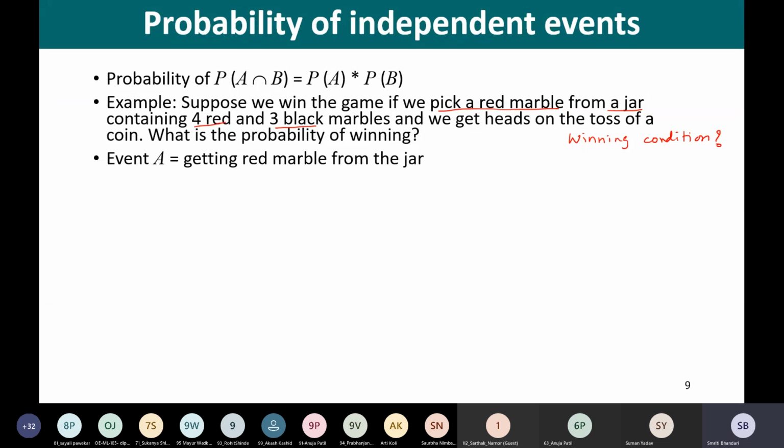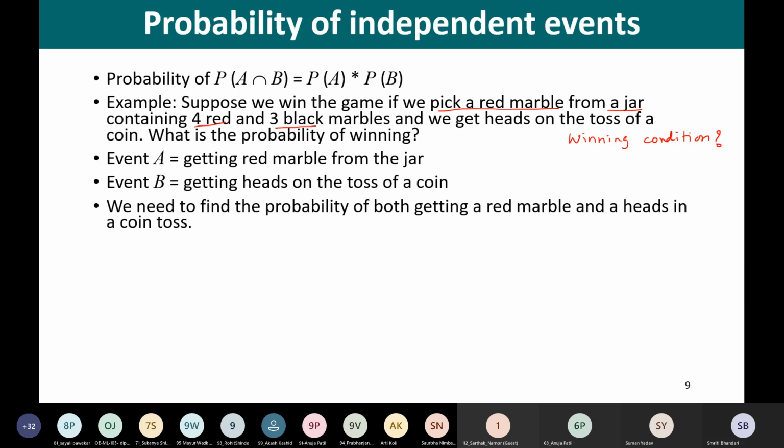Got the problem? Now, see here. What is my event A? Event A is getting a red marble from the jar. What is my event B? Getting heads on the toss of a coin. Now, we need to find the probability of both getting a red marble and heads in the coin toss.